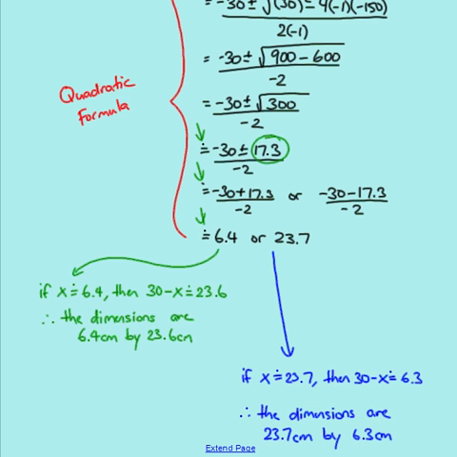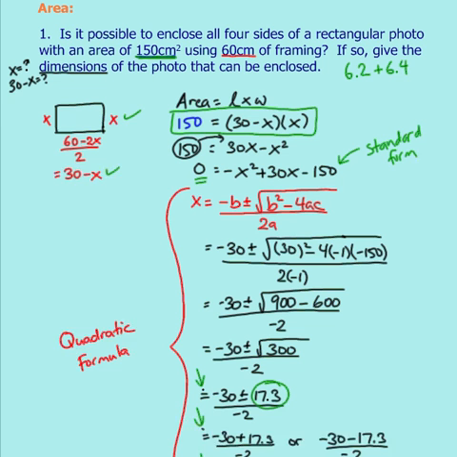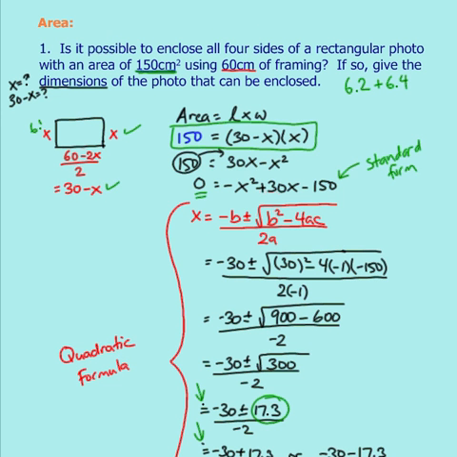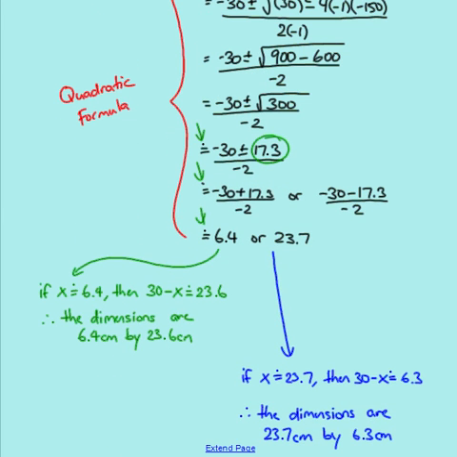Okay, now let's understand our answers just a little bit. We have one answer. So the first case is, what if x was 6.4? Then we can just solve the length by putting 6.4 into the x, and that gives us a grand total of 23.6.